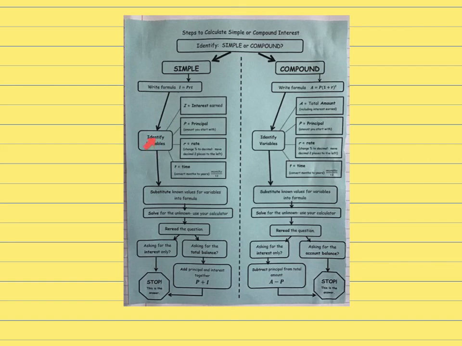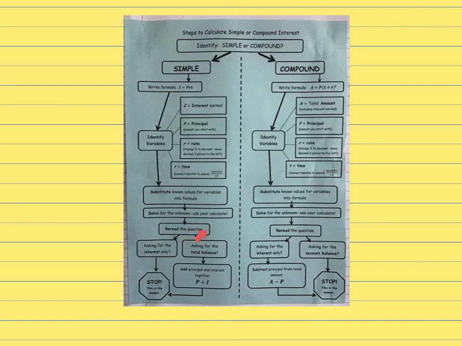What do all these letters stand for? Those are written out for you right here. It also shows you when you're doing time that you want to convert it to years. You should do months divided by 12 always.